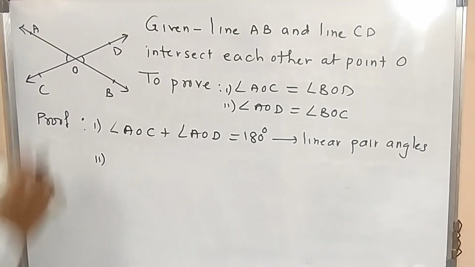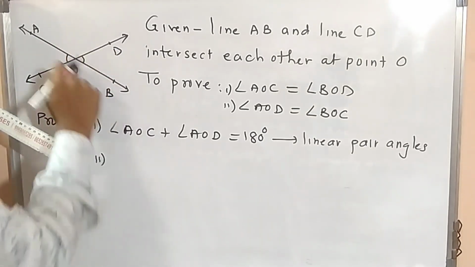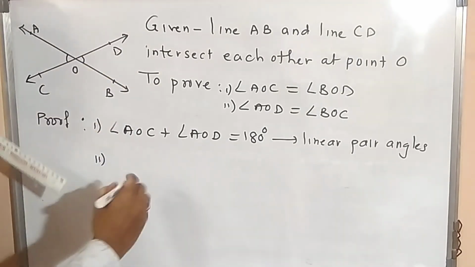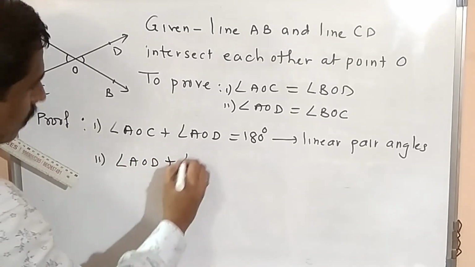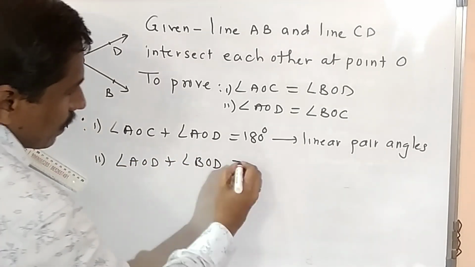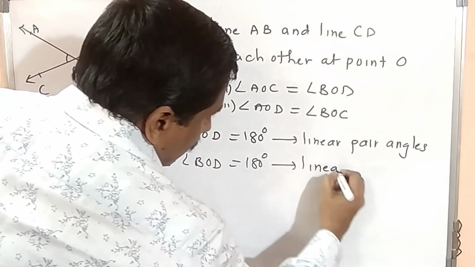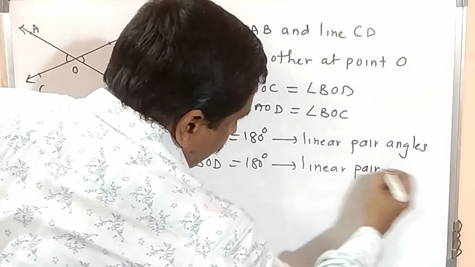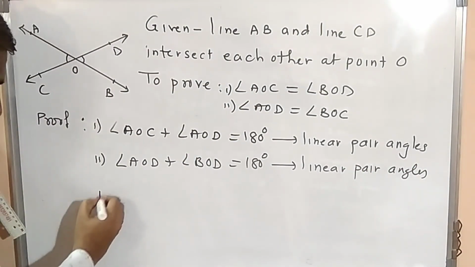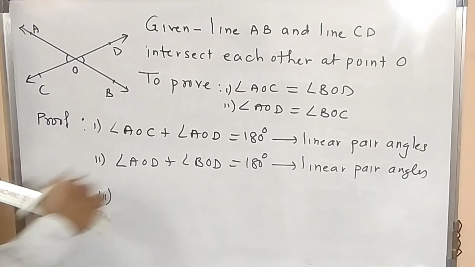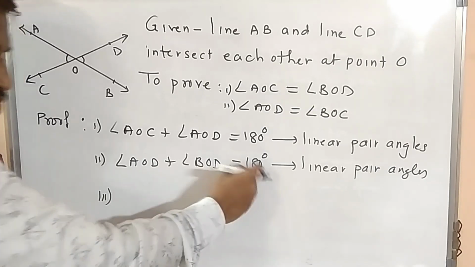Now, angle AOD and angle BOD, again they form a linear pair. Which are these angles? Angle AOD plus angle BOD is equal to 180 degrees. Reason, linear pair angles. So from 1 and 2, see the right hand side of statement number 1 and the right hand side of statement number 2.